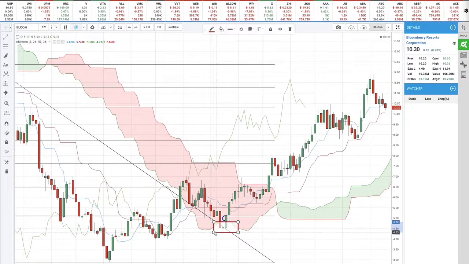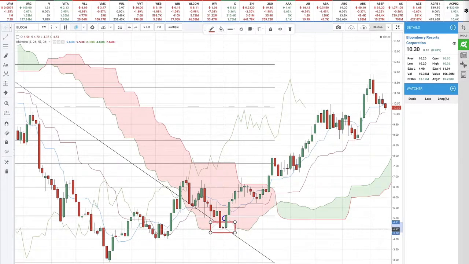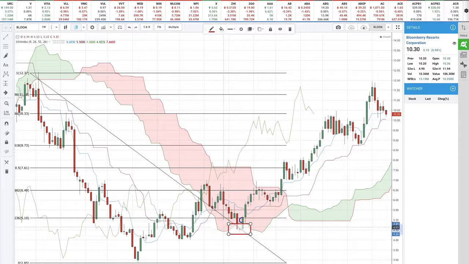siya magbabounce, sa weekly chart meron. Because at this area, nandyan yung Senko A. Senko A line ng Kumo mo.